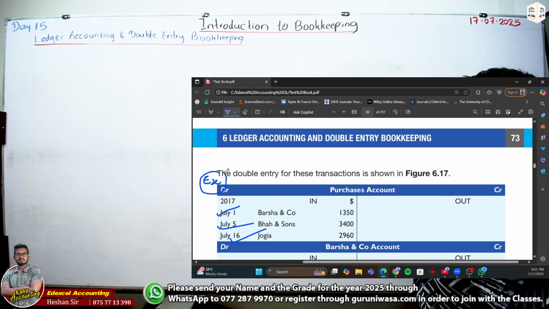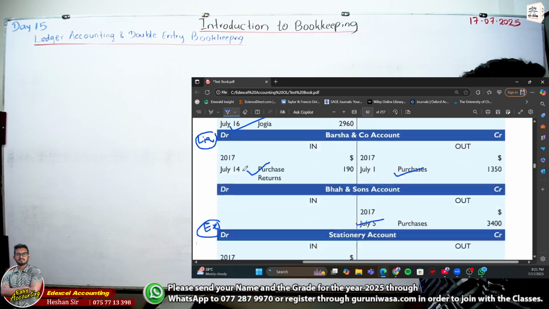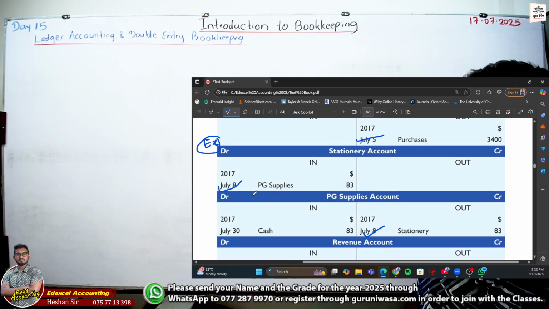Basha and Company is a liability account. This is a creditor account. Every account belongs to some element. So Basha and Sons is also a liability account. PG Supplies is a liability account, right?